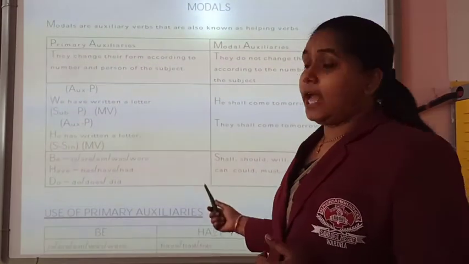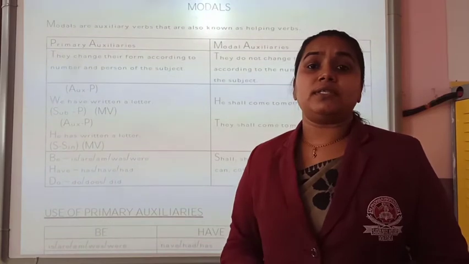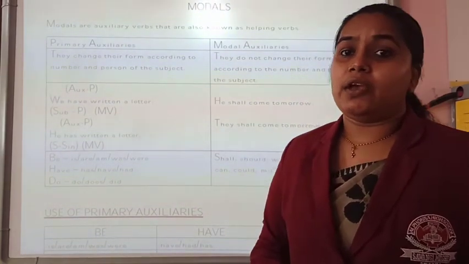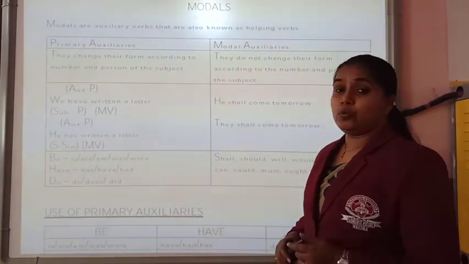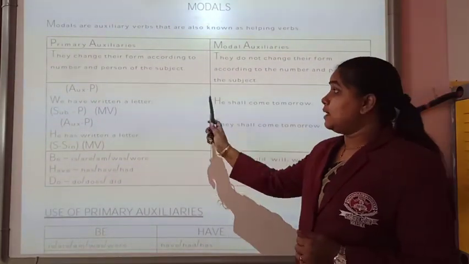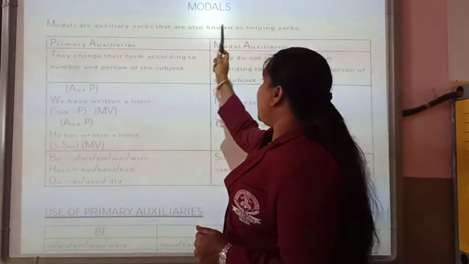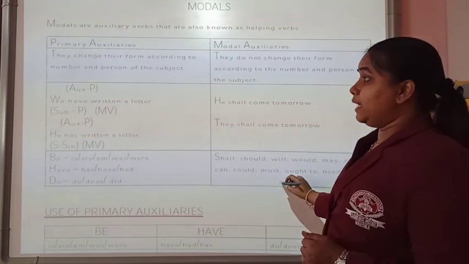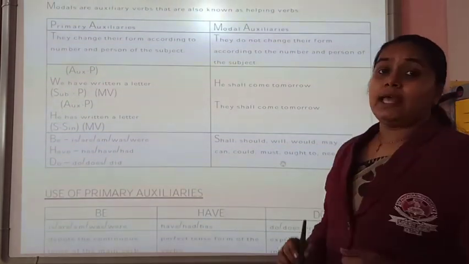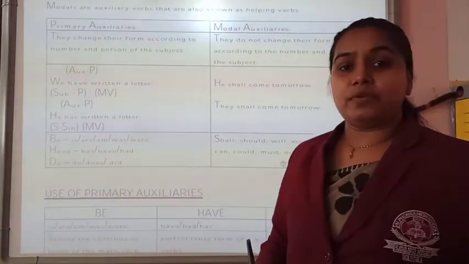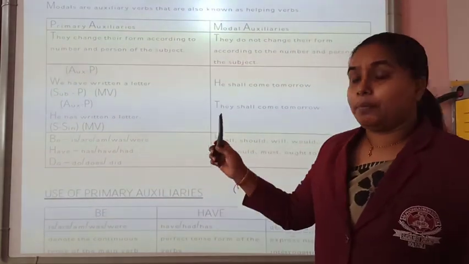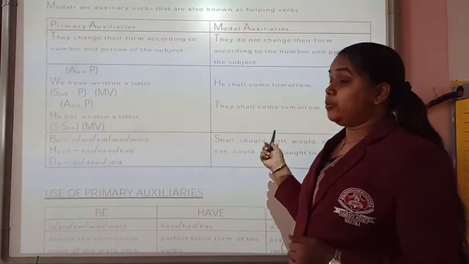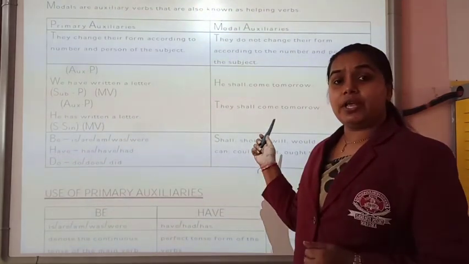So we will read and understand the modals, the usage of modals and the different modal forms. For that, let us start with the two types of modals, that is primary auxiliaries and modal auxiliaries. First we will clear this: the helping verbs, the auxiliary verbs, are classified into primary auxiliaries and modal auxiliary verbs.